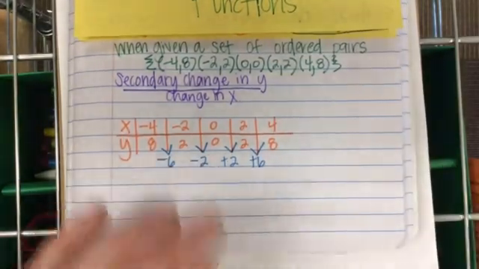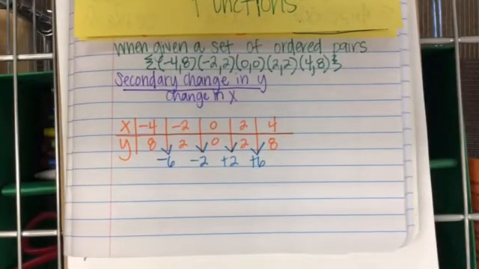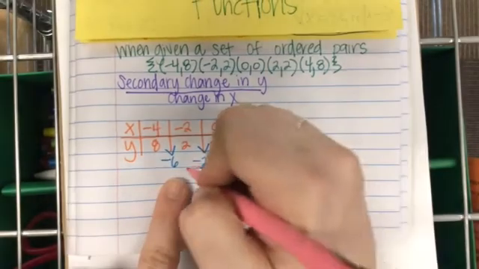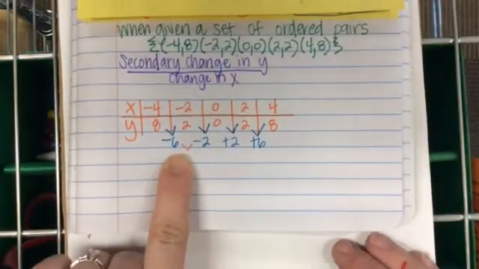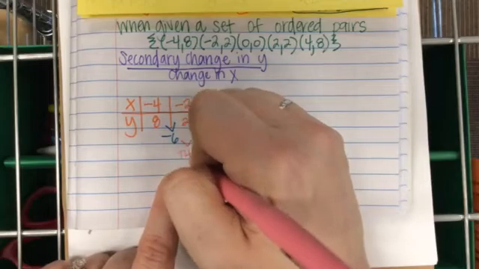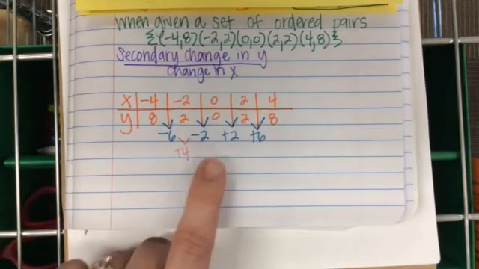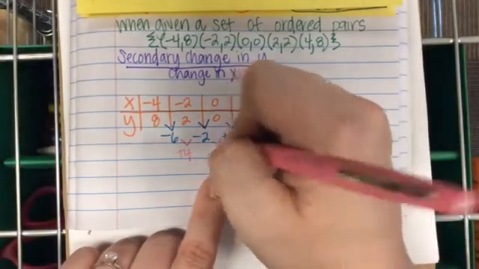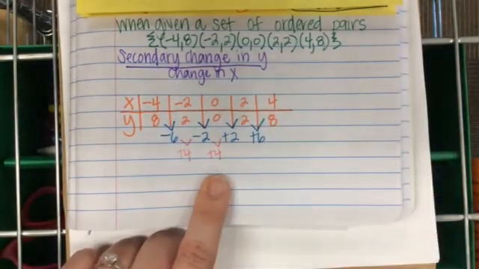These are clearly different, right? But I'm not looking for the first change. I'm looking for the second change. So let's look now. From -6 to -2: +4. From -2 to +2: +4.